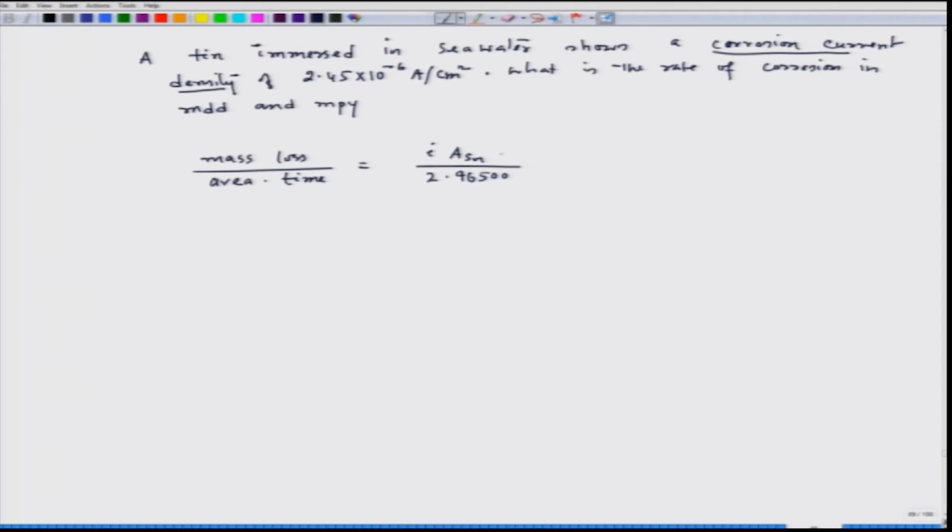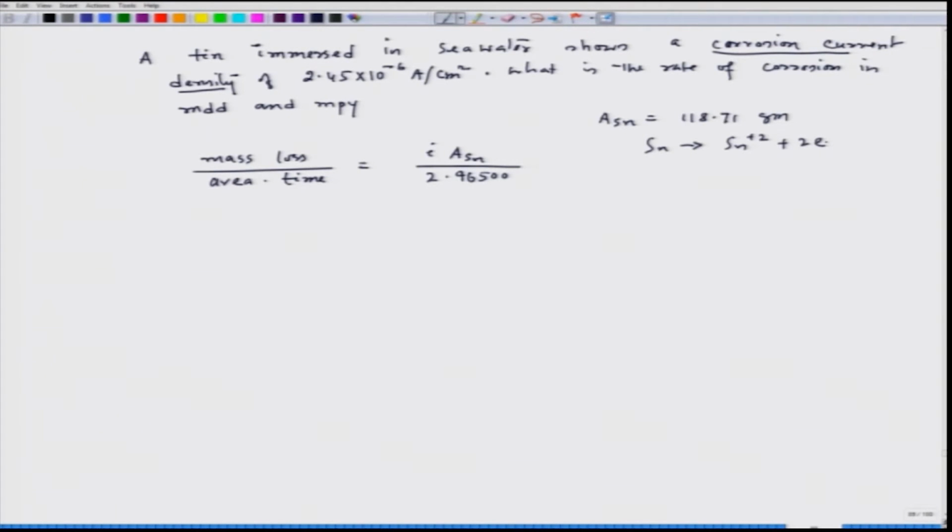Where A Sn is nothing but 118.71 gram, and Sn is going into the solution as Sn 2 plus plus 2e.